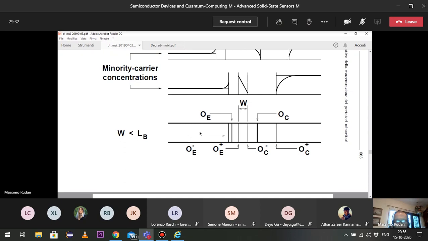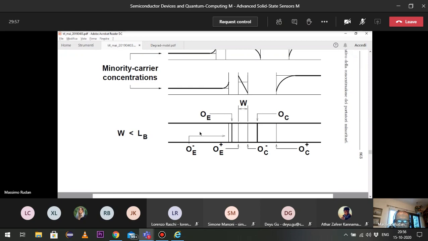By this, we not only achieve a linearization of the equations, but also we decouple the equation of the minority carriers. So instead of solving the problem in 2 regions, we shall solve the problem in 3 regions, the 3 neutral regions: emitter, collector, and base.